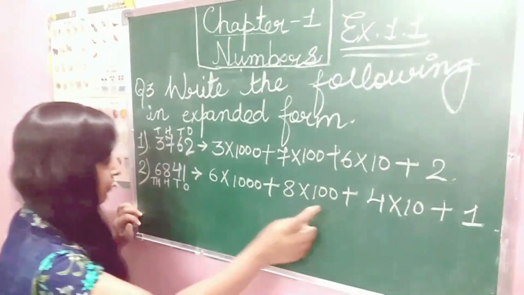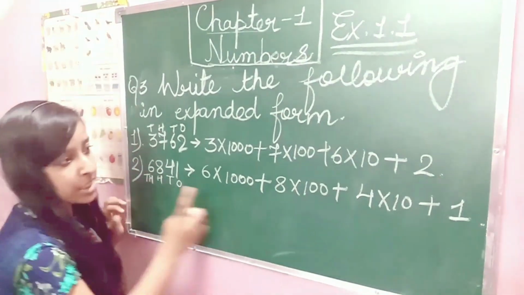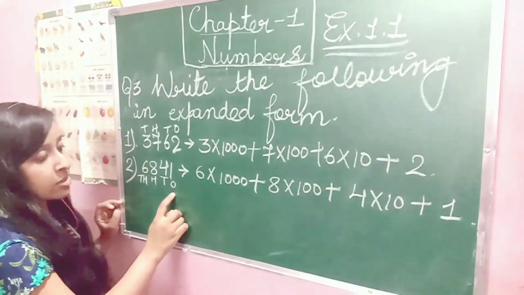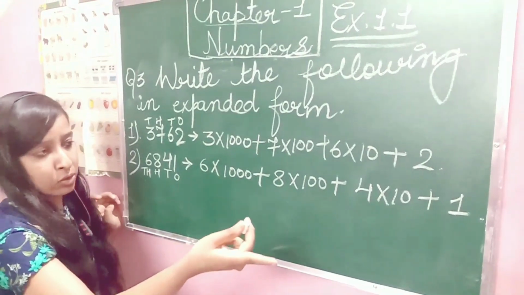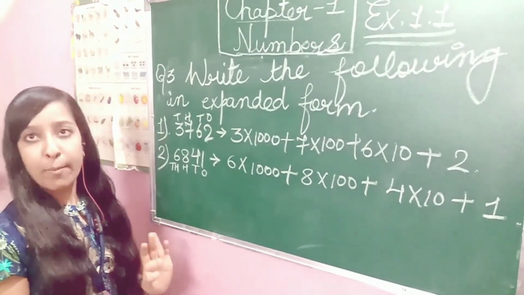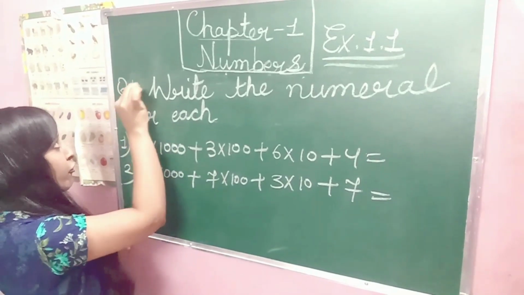It is at hundreds place, so we have multiplied it by 100. 4 at tens place, so we have multiplied it by 10. And 1 at ones place, so simply we have written 1. You can multiply by 1 also. It is also correct. Next 3 points you have to do in your Maths Fair copy. It is a homework.